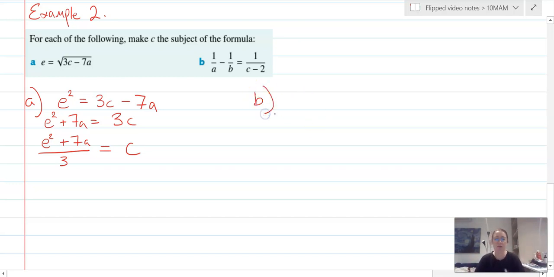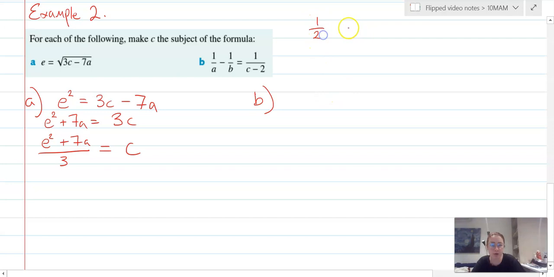Part B, again, fractions. I know people panic a little bit when we see fractions, but all we're doing is cross-multiplying, getting ourselves a common denominator. So when we cross-multiply here, we don't need to multiply the right-hand side of our equation because we're not changing the fraction, we're just writing something as an equivalent fraction.